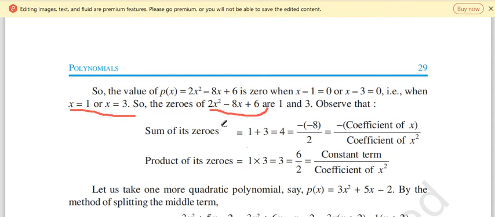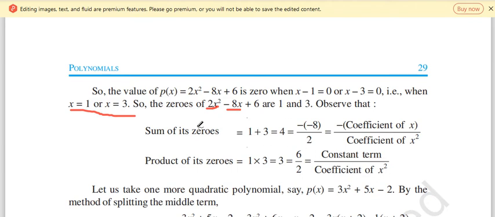We say that 4 equals minus of minus 8 by 2, that is, minus of the coefficient of x by the coefficient of x square. And the product of the two zeros, 3, equals 6 by 2, that is, the constant term by the coefficient of x square.